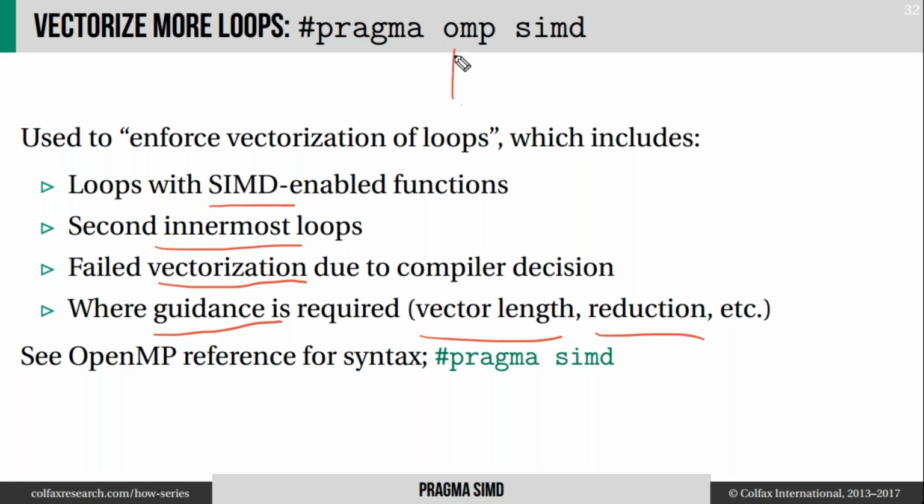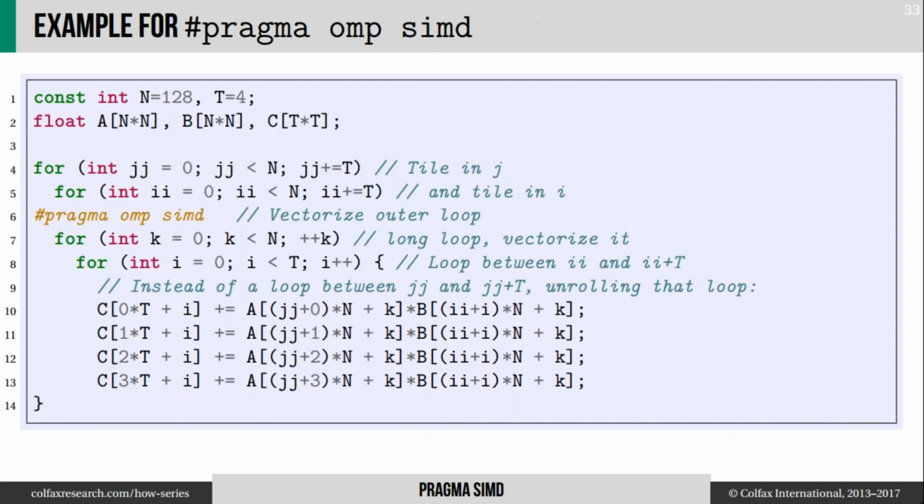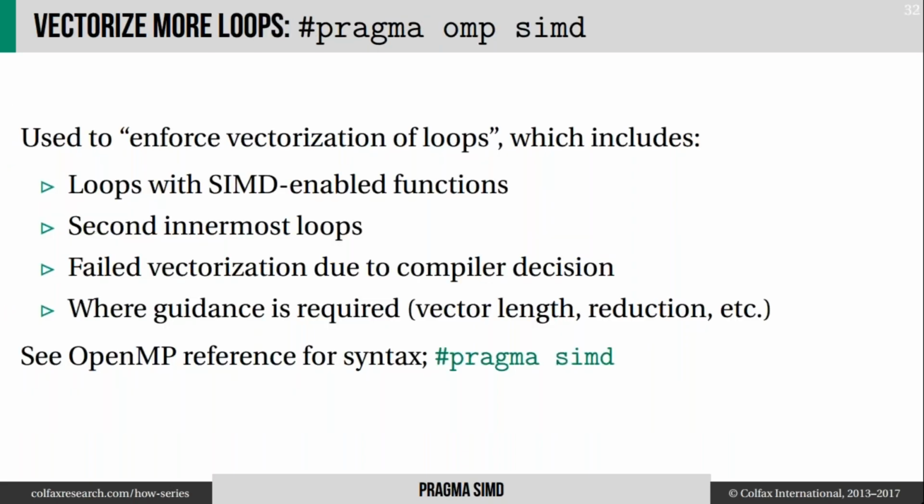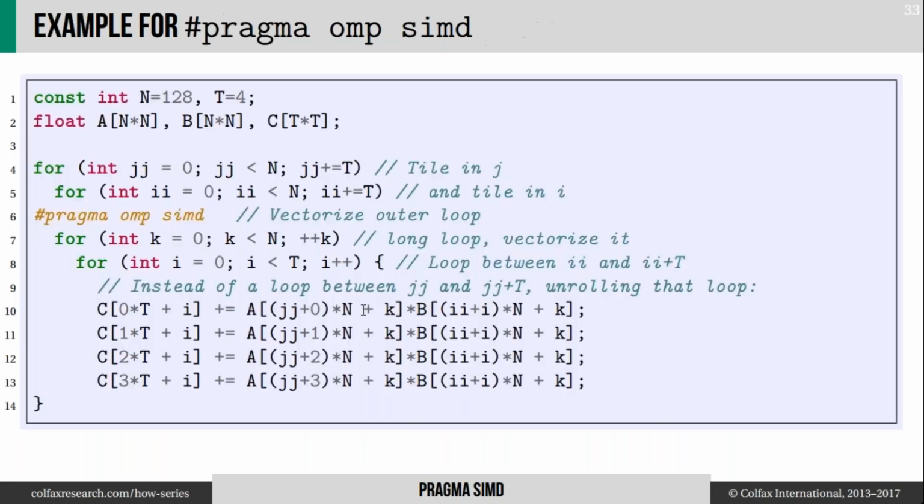I couldn't find a good HTML page for the syntax of pragma OMP SIMD, so you can study the syntax of a similar pragma SIMD, which is Intel proprietary. They all support quite a bit of tuning freedom.